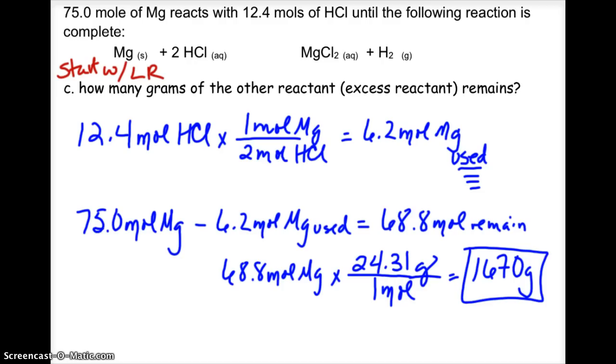I then take that 68.8 moles of magnesium and convert to grams by the molar mass, and I get 16.70 grams of magnesium. The other reactant, the excess reactant, remains.